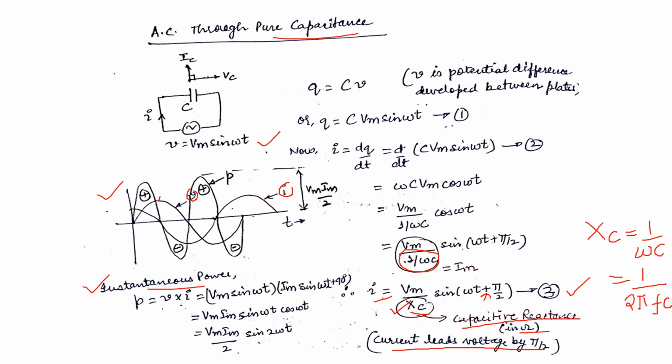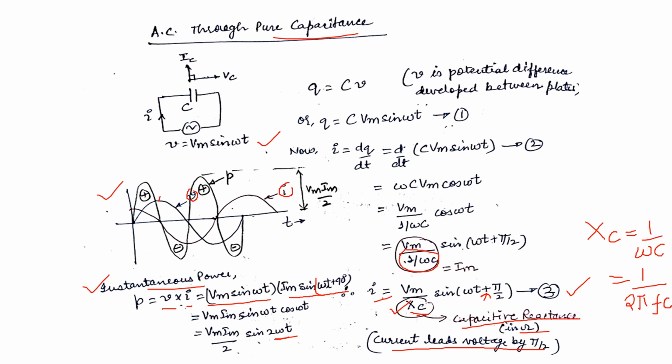This is the product of V into I, that is Vm sine omega t into Im sine of omega t plus 90. That gives us Vm Im by 2 sine twice omega t. So the power has a frequency double that of the applied voltage or current.